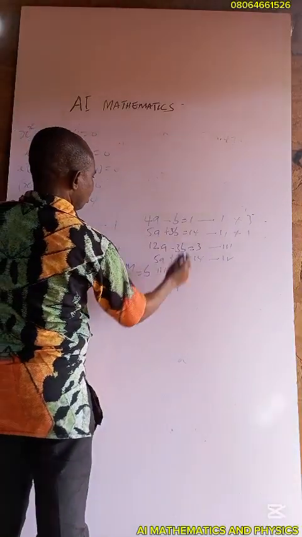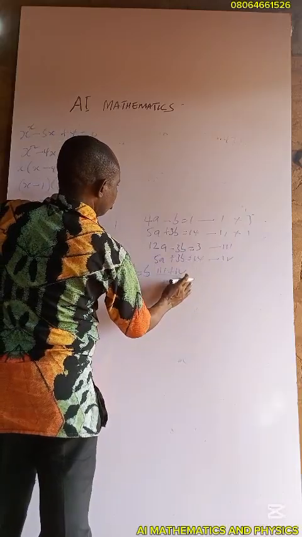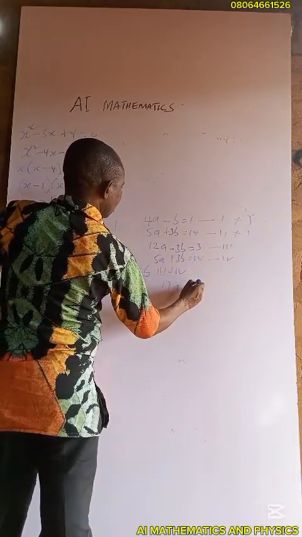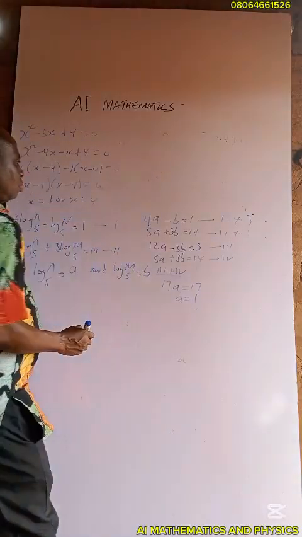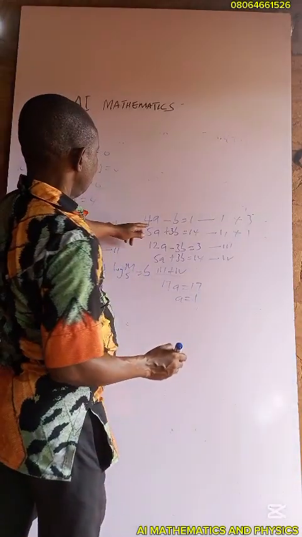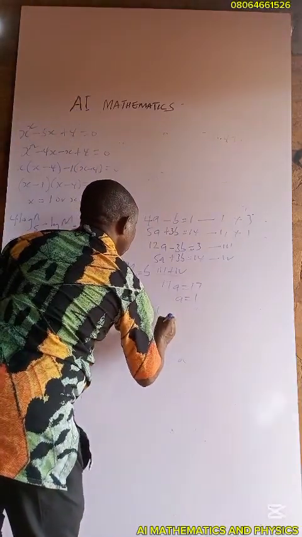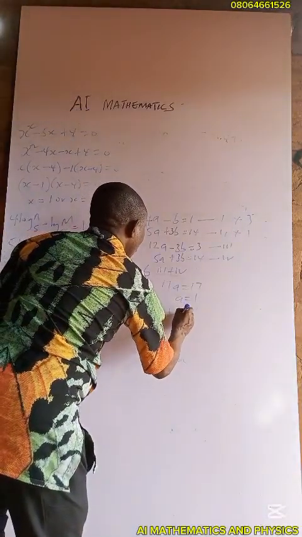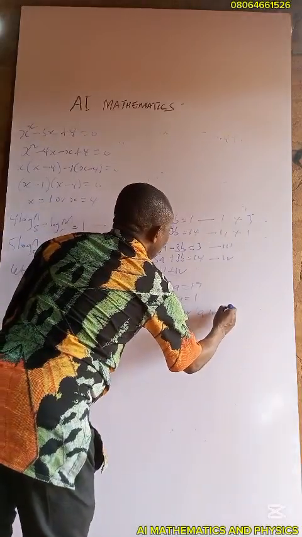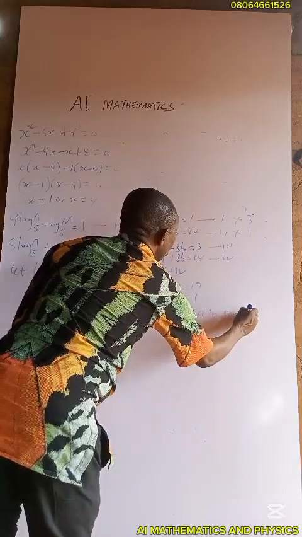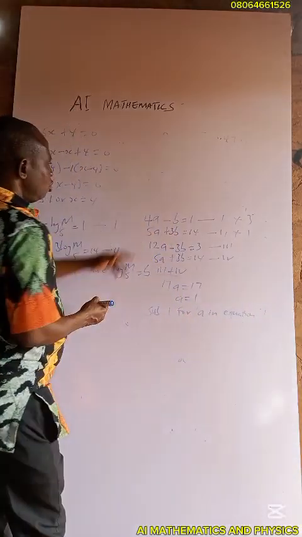This one gives us 0, equal to 17. a is equal to 1. When a is equal to 1, what will be our b? Substitute 1 for a in equation 1.